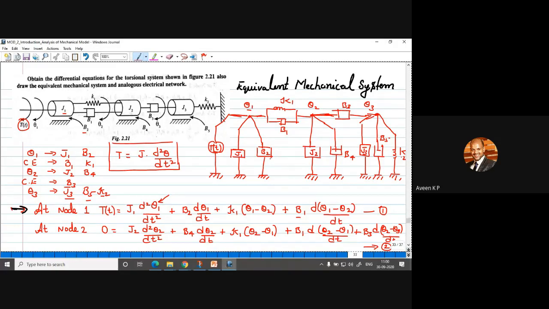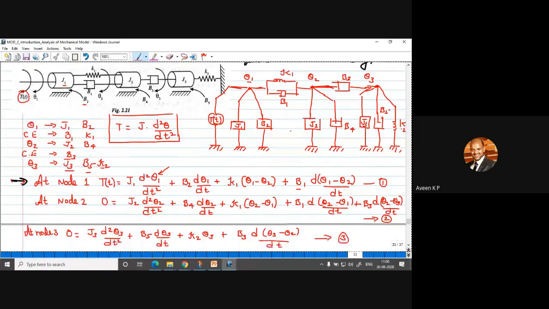Instead of B, you can write R. So theta instead of V. So I hope it's easy to rewrite the equations in terms of torque voltage as well as torque current analogy.